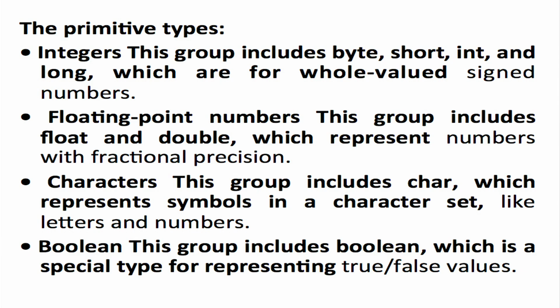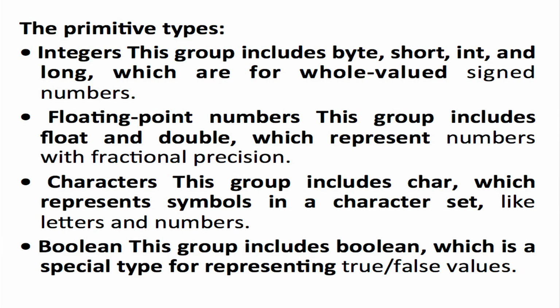So this way we have categorized it into 4 categories: integer, floating point, character, and boolean. In the integer category we store whole values like short, integer, long, etc. And in the floating point category we can store values which are not whole values, which are fractional values. So float and double are the data types in this category. And in character we can store a single character. And the fourth is the boolean group, where we can store true and false values.